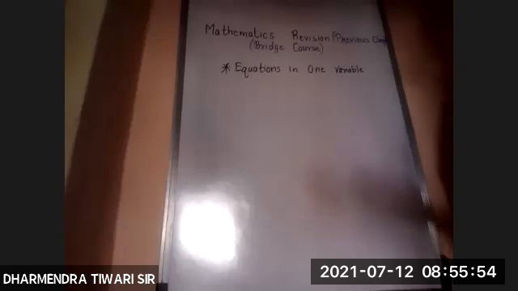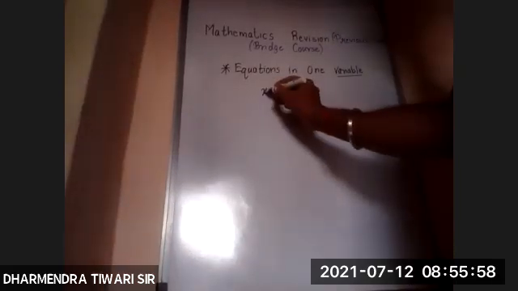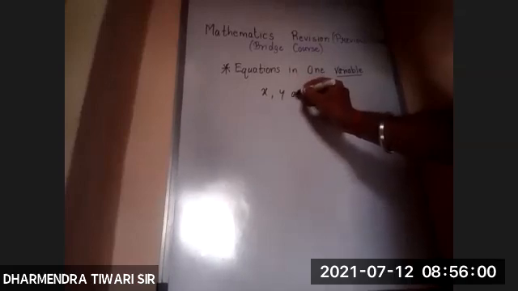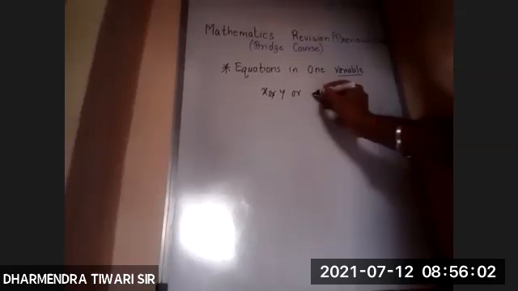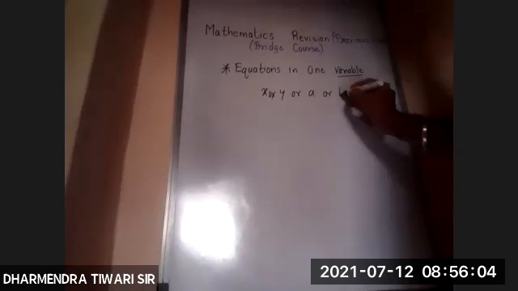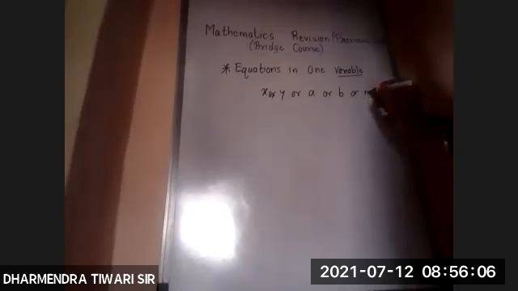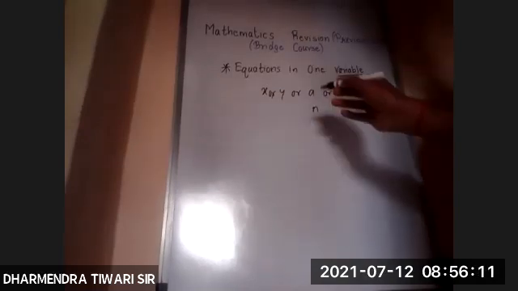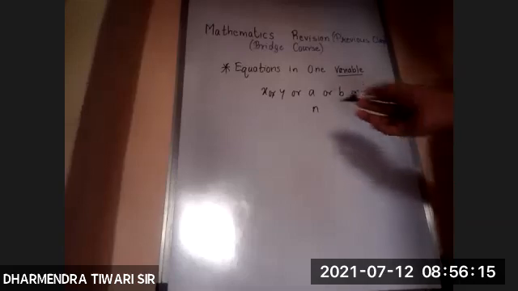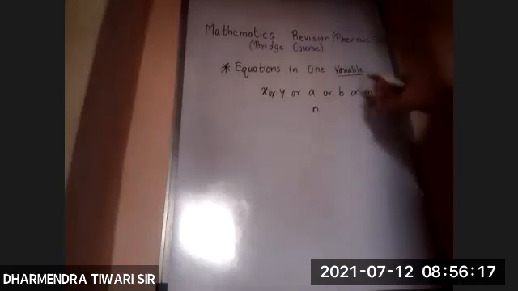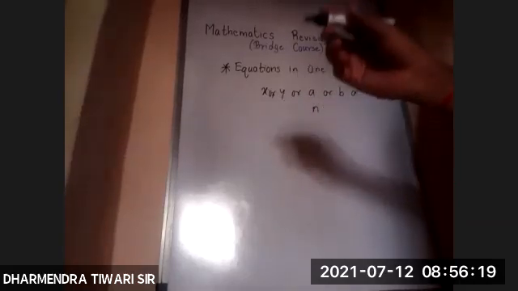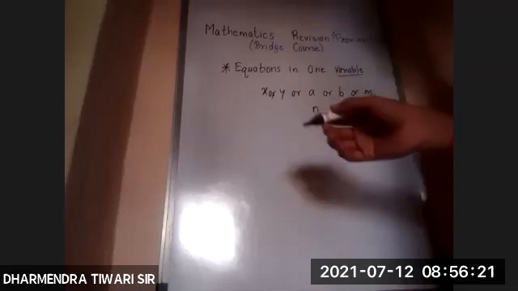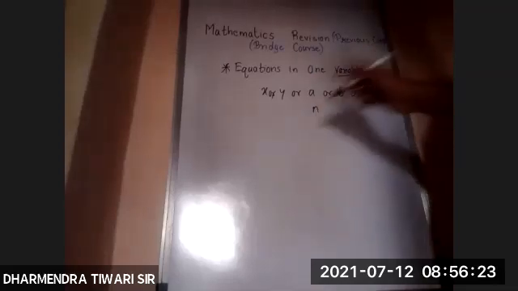Whenever we say variable, it means either x or y or a or b or m or n, whatever you say. These are the variables. Now, having x, y, a or b or m or n or any other variable in the equation means we want to determine that value.